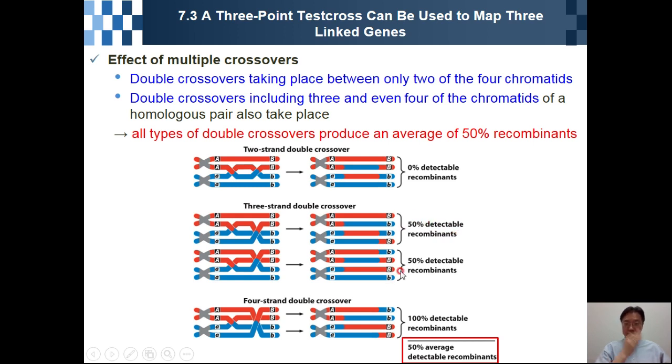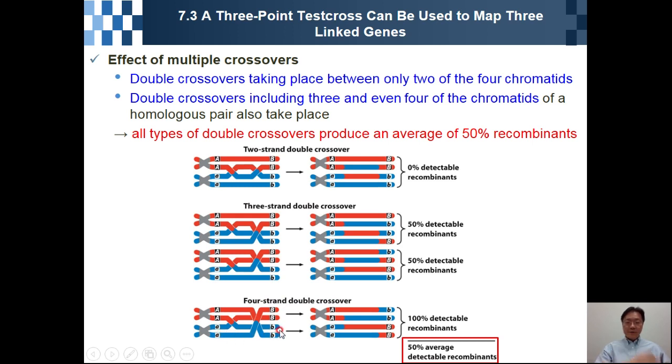In this other 3-strand case, the result is large A, small b, large A, large b, small a, large b, small a, small b. It means that 50% is non-recombinant and 50% is recombinant. How about the 4-strand double crossover? Initially it was large A, large B, large A, large B, small a, small b, small a, small b.